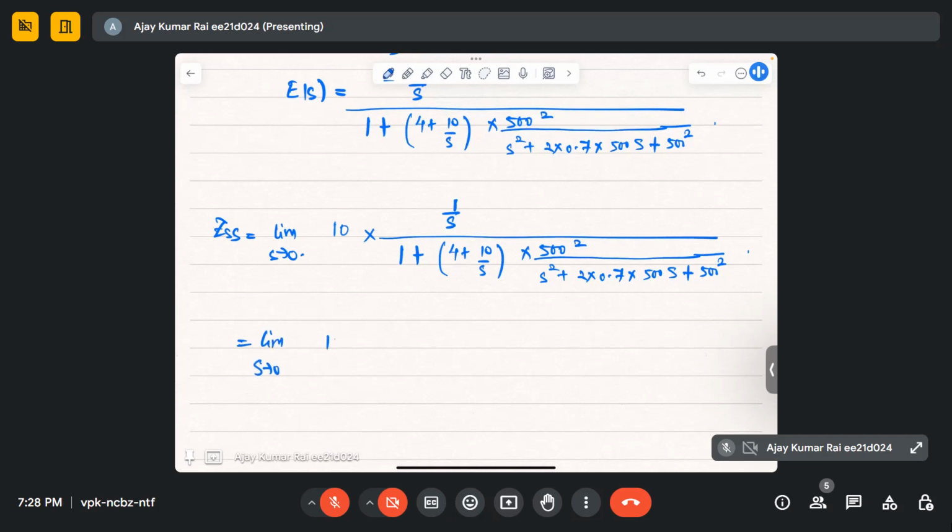Okay, so this is 10 by S into, in the numerator you will get S square plus 2 into 0.7 into 500 S plus 500 square.